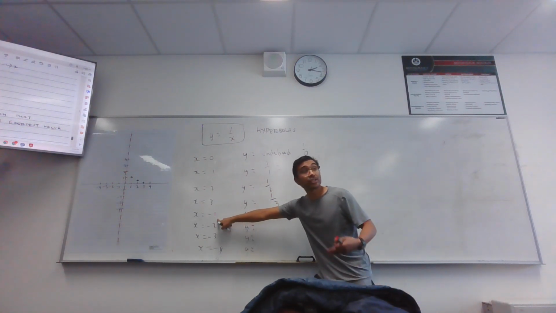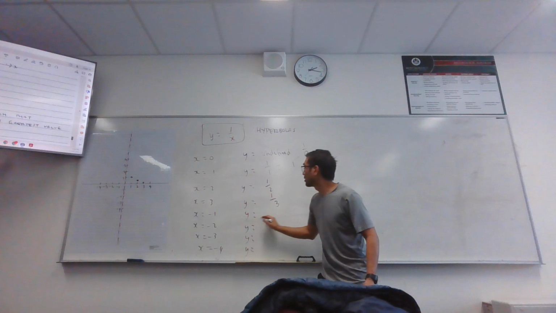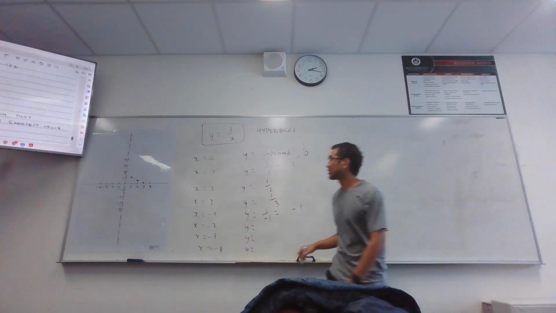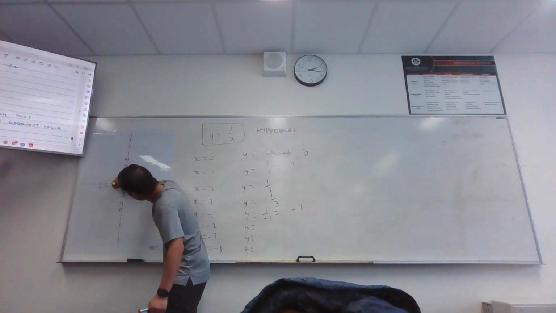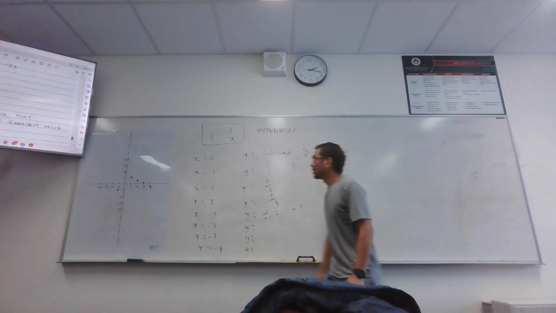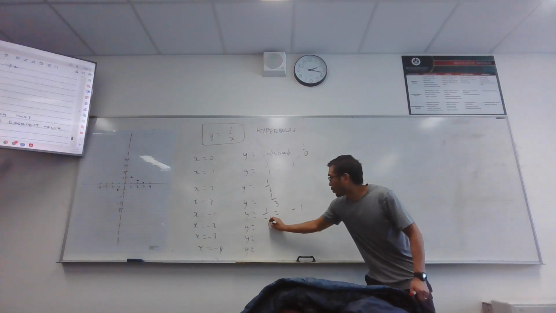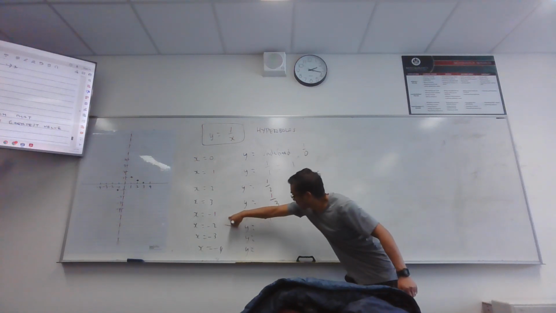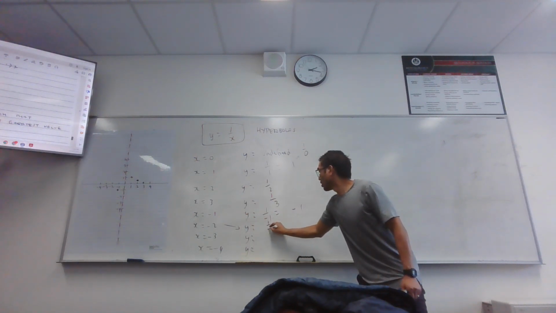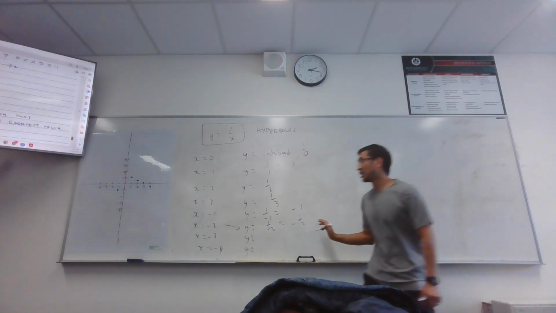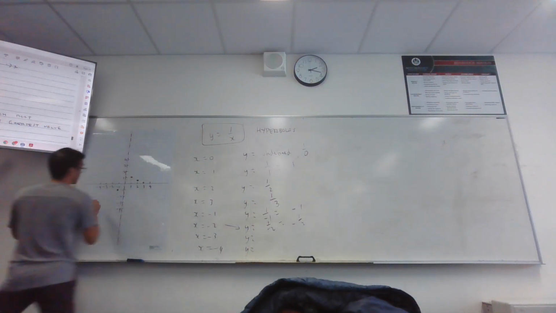Okay. Let's go to the negatives. Negative 1. 1 over negative 1 is negative 1. So negative 1, negative 1. And for negative 2, 1 on negative 2 is negative half.